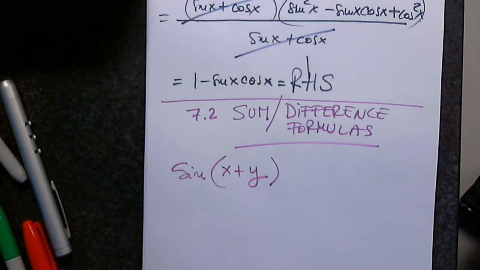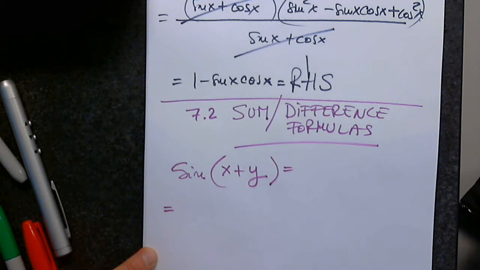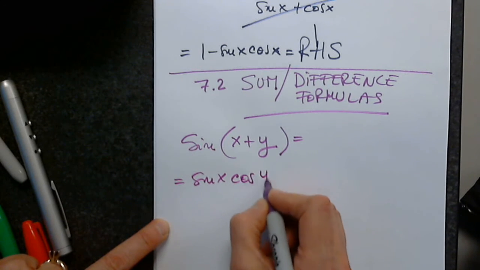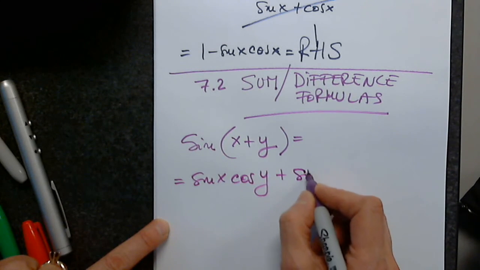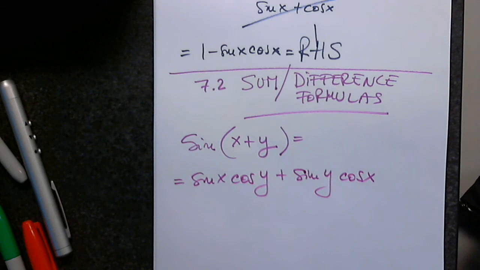This is a function applied to an argument that is x plus y. And the formula is this. Initially, you may not like it. Sine x cosine y plus sine y cosine x. So never to be distributed to x and y. This is the sum of 2 products.